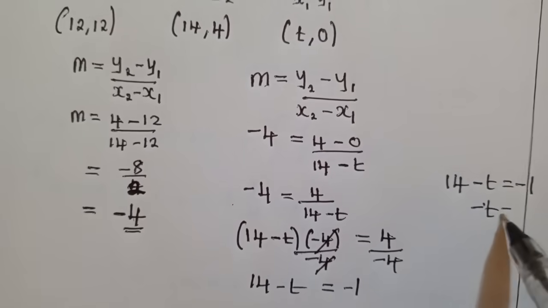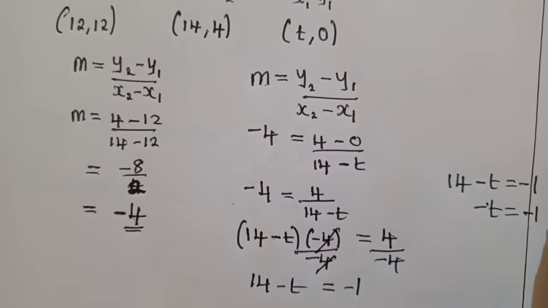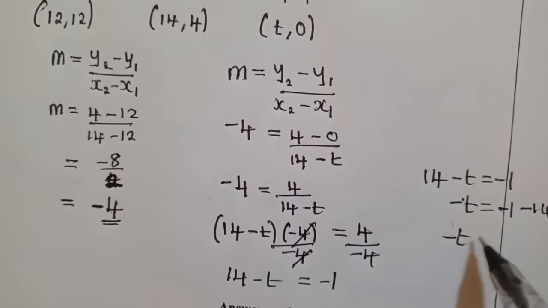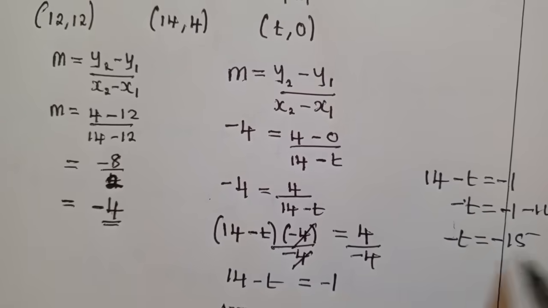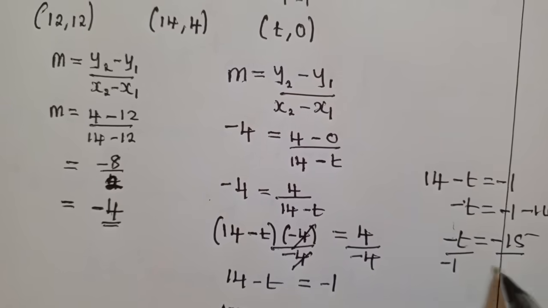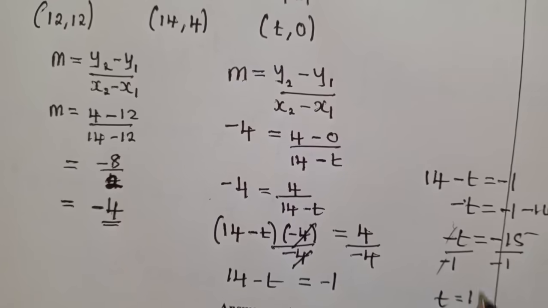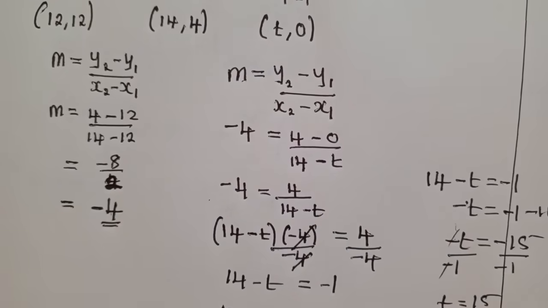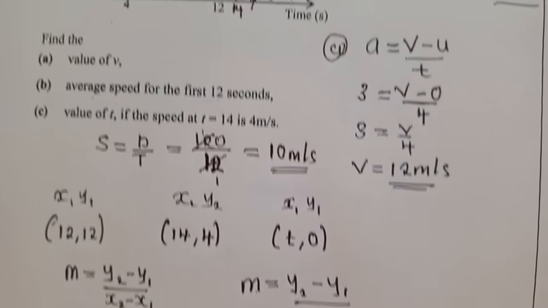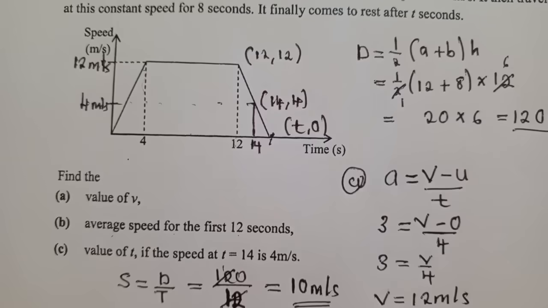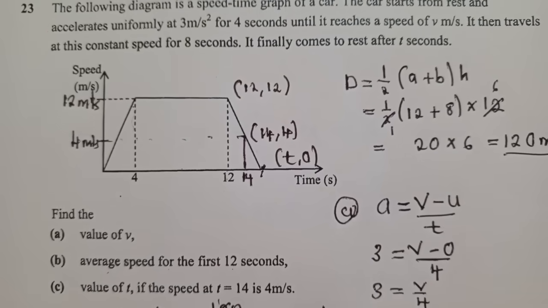So minus t is equal to negative 1 minus 14, when you group the like terms. So negative t will be equal to negative 15. You divide by negative so that you solve for t. Our t will simply be equal to 15. So the value of t here, in our actual question, let me just write down the values so that we see what we're talking about.